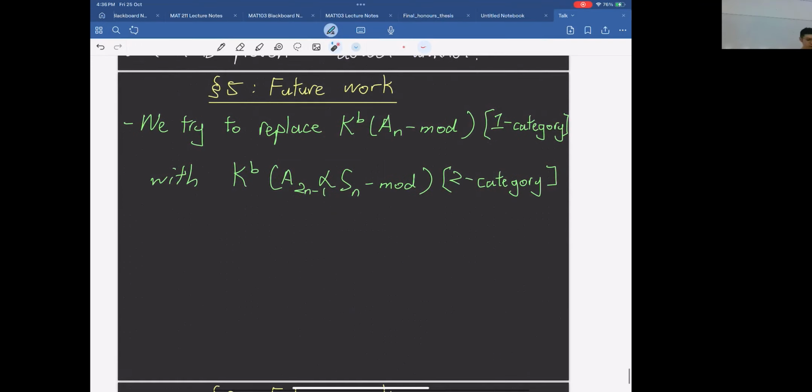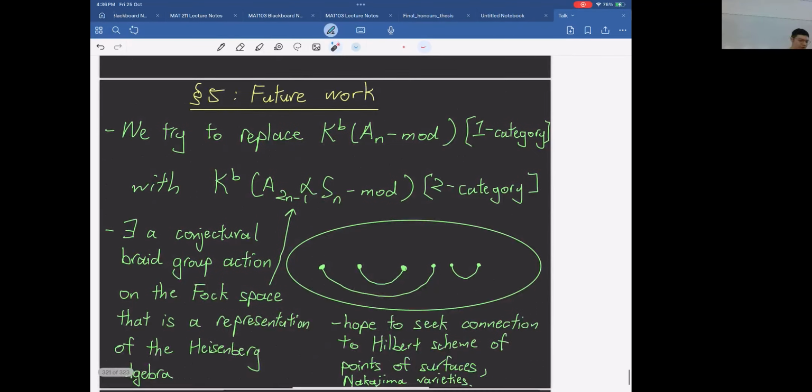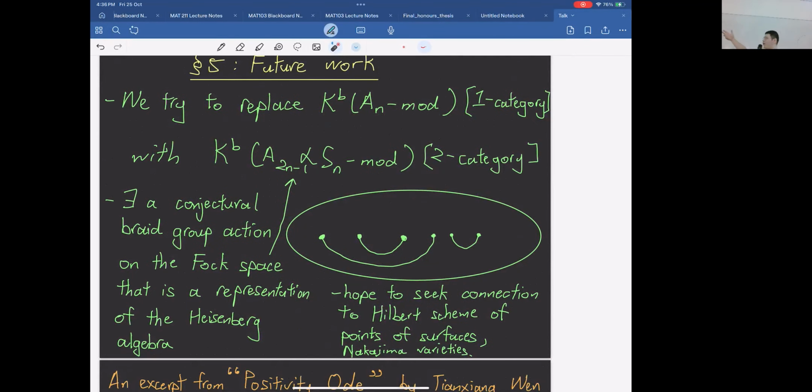So the future work was we try to replace this homotopy category here with a 2-category. This algebra here is a wreath product of A_n with S_n. So basically you look at the n-th power of A_n here, and this corresponds to taking all the possible curves you can take inside this. And why do we look at this? Actually, there's a conjectural braid group action conjecture by my supervisor, Tony Licata.